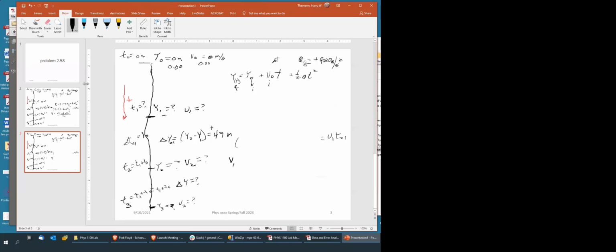I don't know why my computer's been acting funky lately. Okay, so we know what v1 is now. I forgot what we got, but it's 44.1 meters per second.